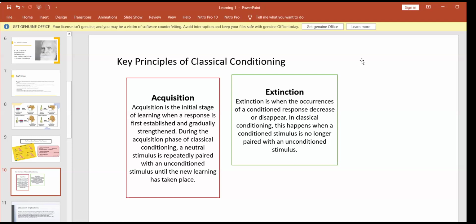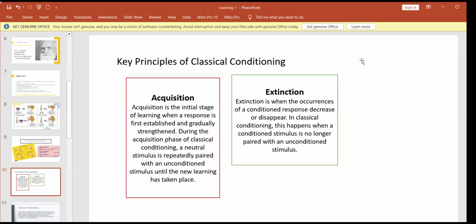How? By bonding, by associating, by pairing up the neutral stimulus with what? Unconditioned stimulus. That is termed as acquisition in classical conditioning. Right? I repeat. What is acquisition in classical conditioning?